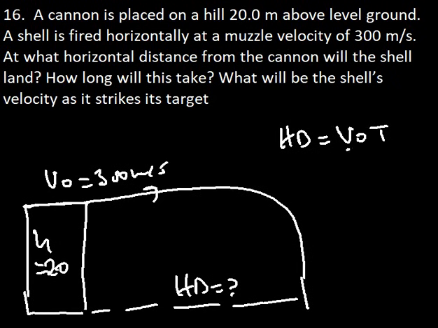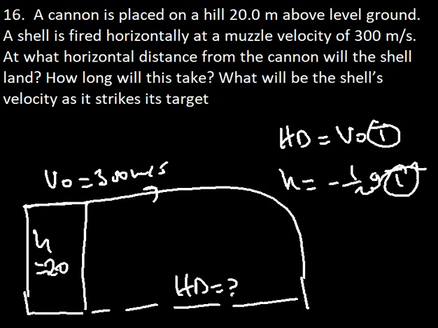But in order to have it, we need the time, which should be obtained from the formula for the height. Height is given as negative half g t squared, and here the time will be substituted.